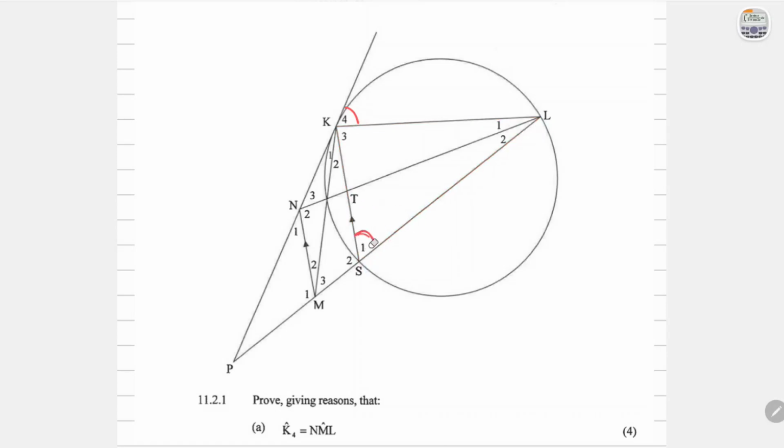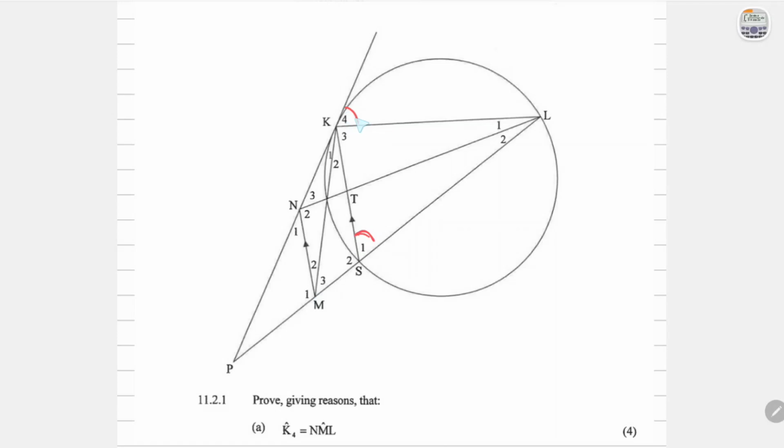From angle S1, where is S1? It's at the circumference, yes, but you see that it's also next to this parallel line. So we can go ahead and use Z angles here. So angle S1 is this angle over here. So it's going to be equal to this entire angle because of corresponding angles. It creates an F. So that is angle NML. Okay, and that is why they are equal.